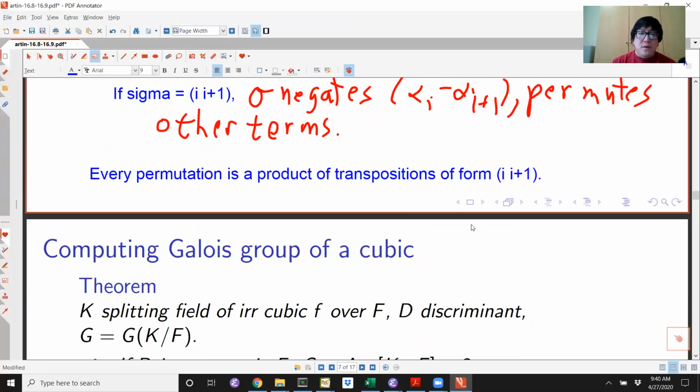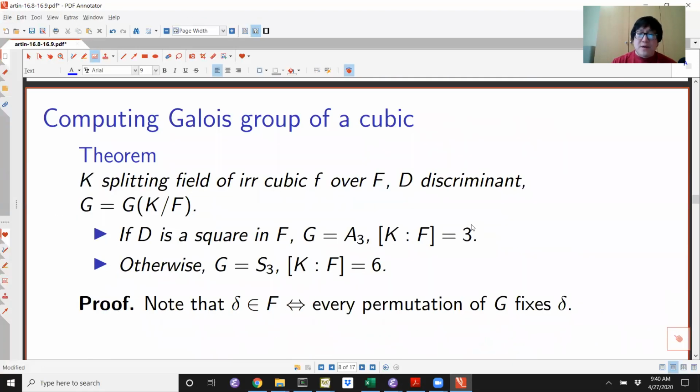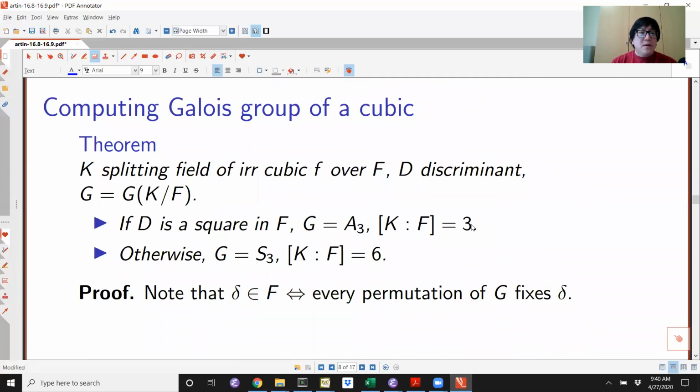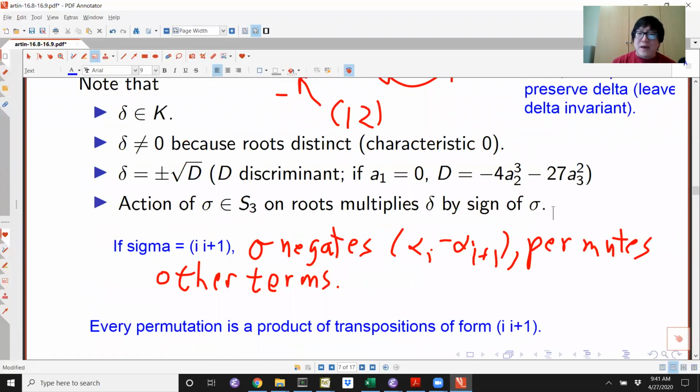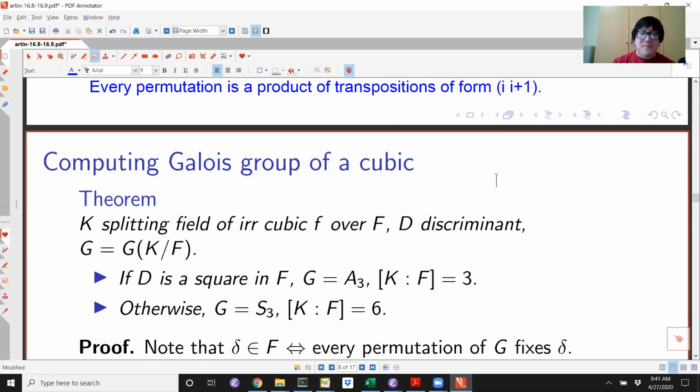All right, so here is the Galois group of a cubic, and it just comes down to this. Let K be the splitting field of an irreducible cubic little f over big F, and let big D be the discriminant. This is something you can compute. Once you put your cubic in standard form, it's just a straight computation by this mysterious little formula, which you can obtain using symmetric polynomials.